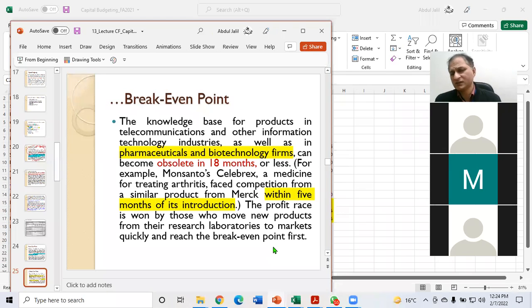So usually it happens that whenever one product comes for a specific kind of treatment, other competitors follow. This is just like what happened with the COVID vaccine. Whenever a COVID-19 vaccine was produced by one company, other competitors were also doing the same. Many pharmaceutical companies, and even countries, were working hard to find the solution.